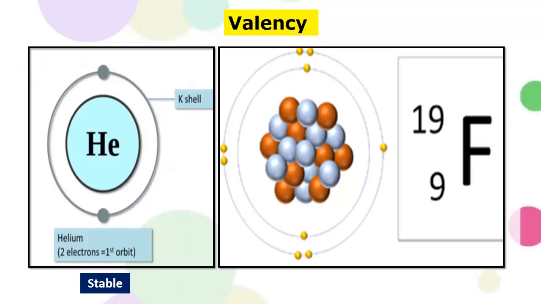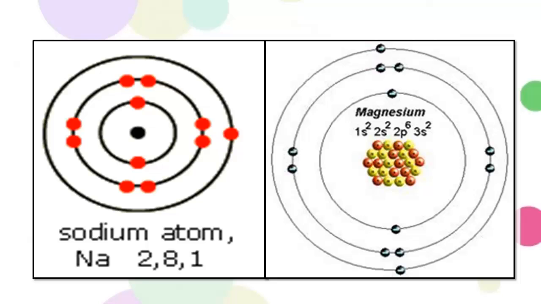Whereas fluorine, if we take, there are 9 electrons as the atomic number is 9. So first the K shell has 2 electrons, then there come 7 electrons. So the number of valence electrons here is 7. We go further. Sodium. Now sodium has 11 electrons because the atomic number is 11. So 2, 8 and 1. Now what happened?